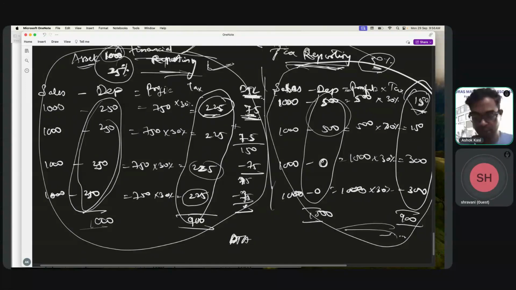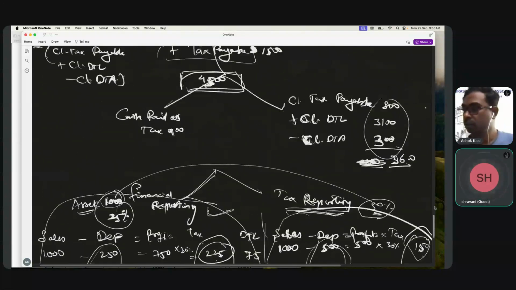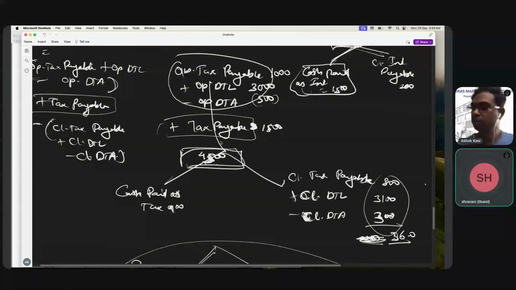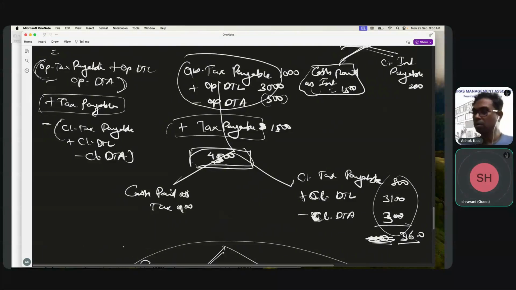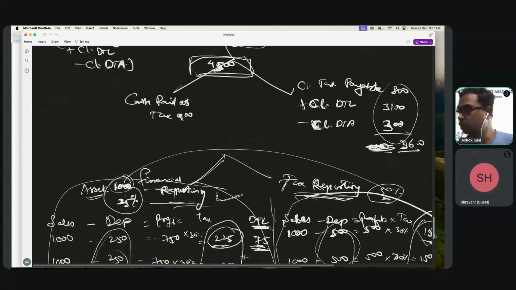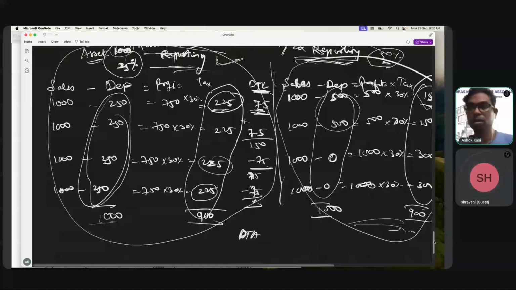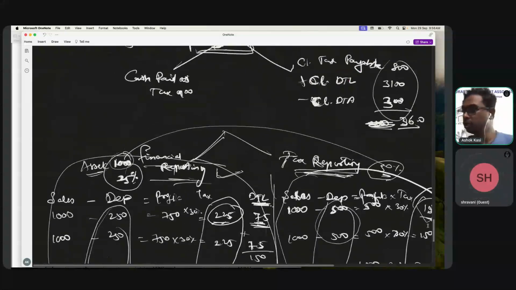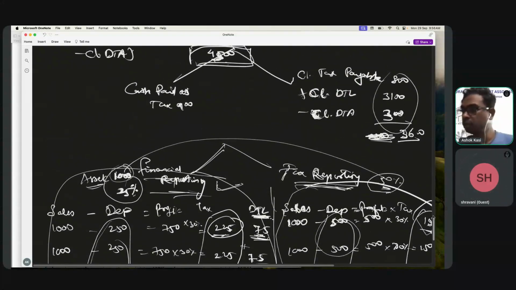Okay. So, this is the formula. Fine. I think beyond this it will be too much for you, I guess. Or do you want me to continue?